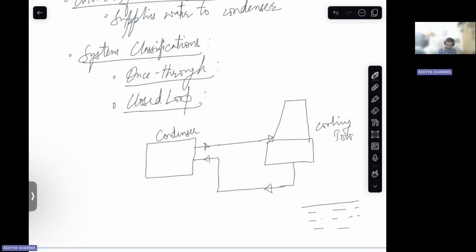So in this loop, if there is somehow leakage or loss of water, in that case for makeup, we use this. So this is your closed loop, right?